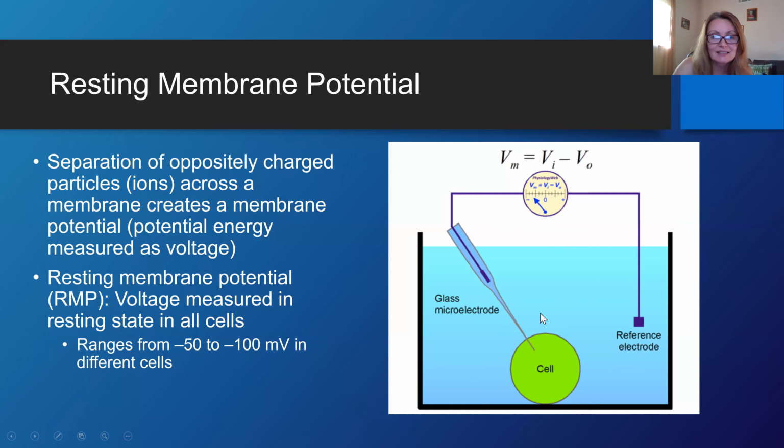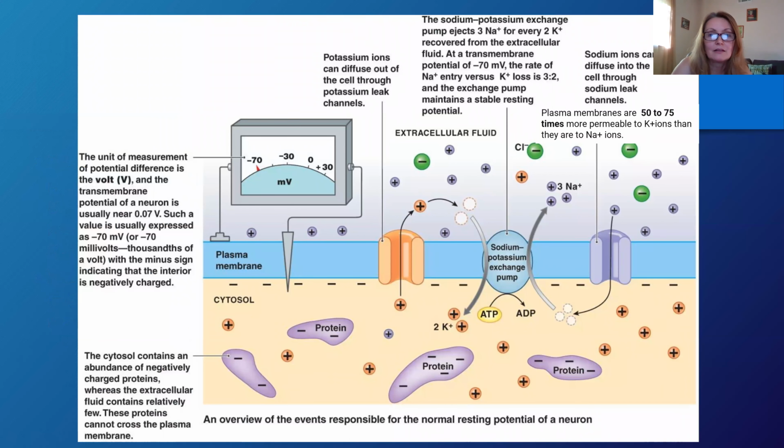But let's look at the next diagram, that will make a lot of sense. So look, this blue line is a cell membrane. This is cytosol, so this is inside the cell. This is extracellular fluid. And the membrane is not permeable, it's selectively permeable. So some substances cannot move through.